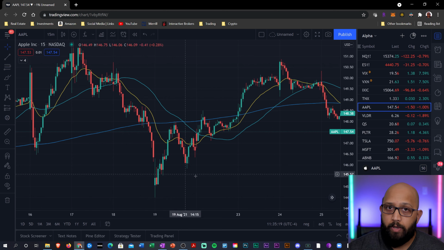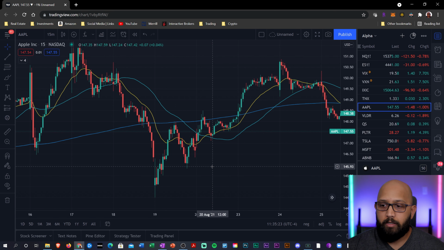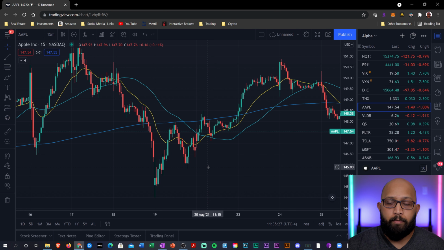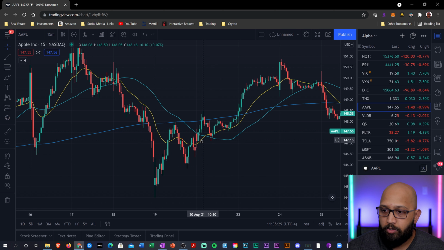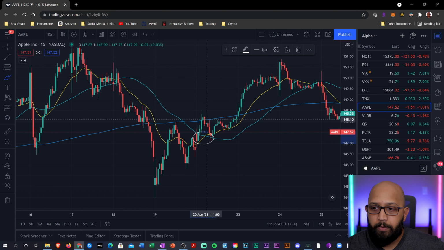Here's another example. We have Apple here, from August. I'm just looking back at some of the charts where there were possible opportunities to use the moving averages for an entry. Right here we have this crossover, the 21 crossing above the 50, and the price is above the 50. It seems like the 200 might be a resistance level.